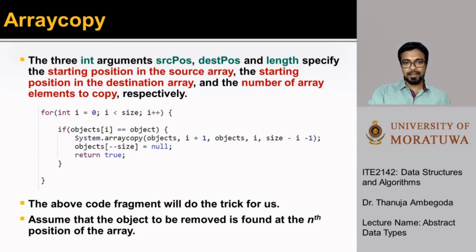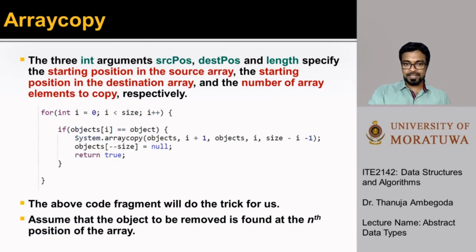So the input is in our code, that removes all the instances of a given object from the bag. So this is the code snippet of the remove method. It basically copies from the source. Here, this is the source object, the one that holds all the elements of the array bag named bagOfFruits, for example.